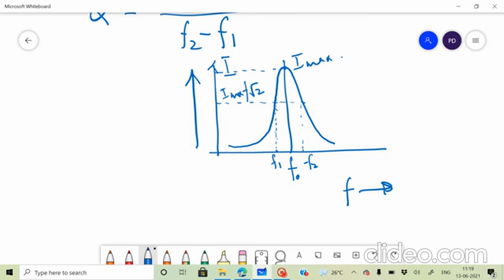I have already explained in the theory. This is mostly connected to the power. You just look at the expression for power, and you will find out why I come to I max over root 2. This is nothing but the RMS value of the current. So F1 and F2 are the two frequencies at which the current becomes I max over root 2.